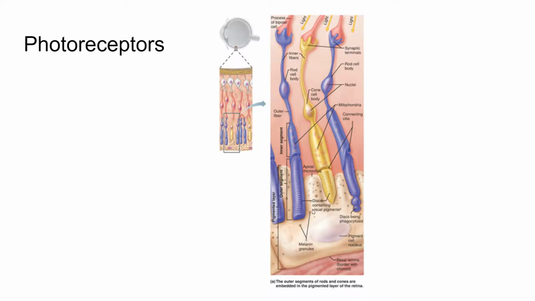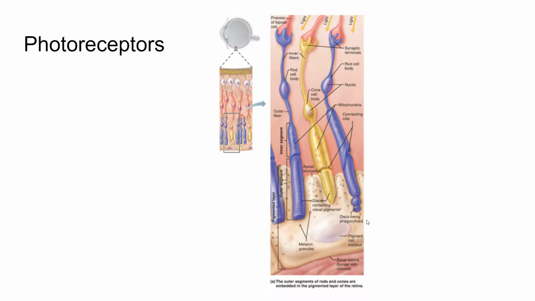These little tips break off and are phagocytized, which basically means a little cell comes around and eats them, cleans them up. So these discs and photoreceptors are constantly being renewed.